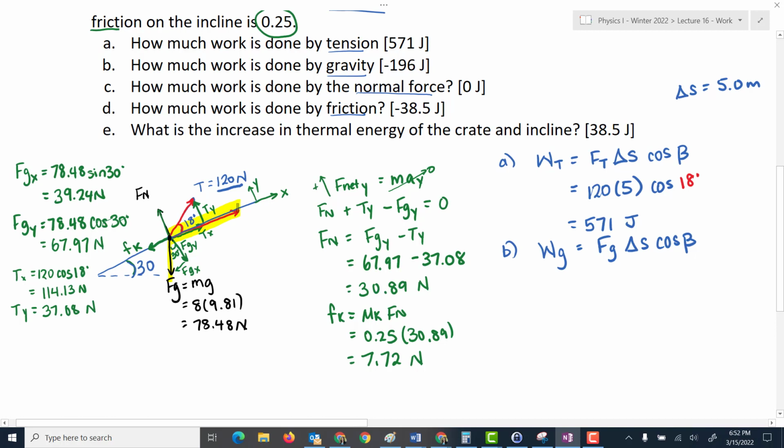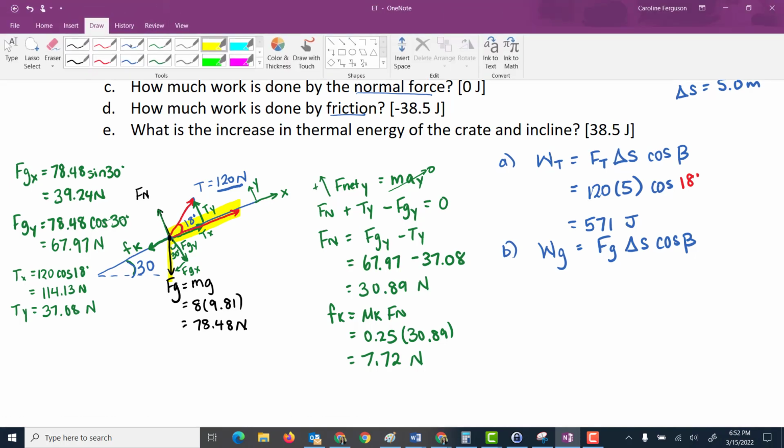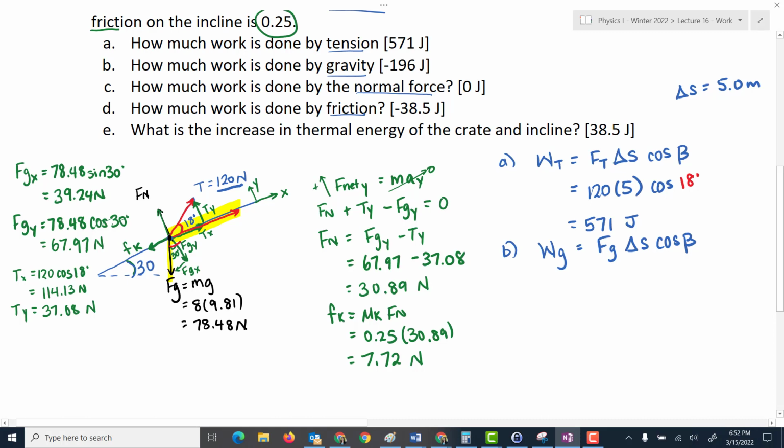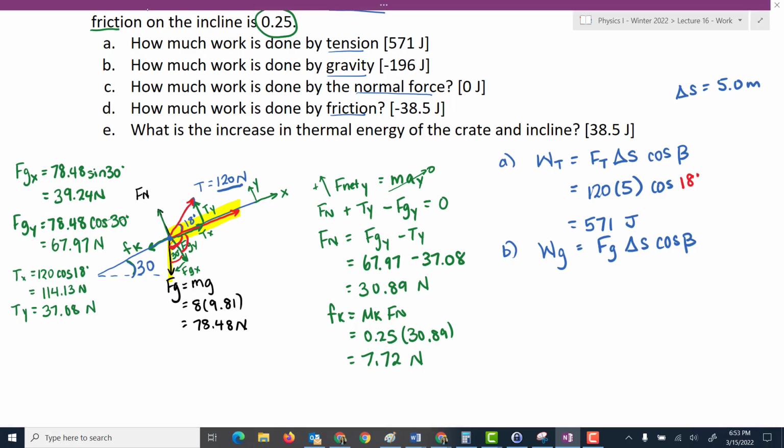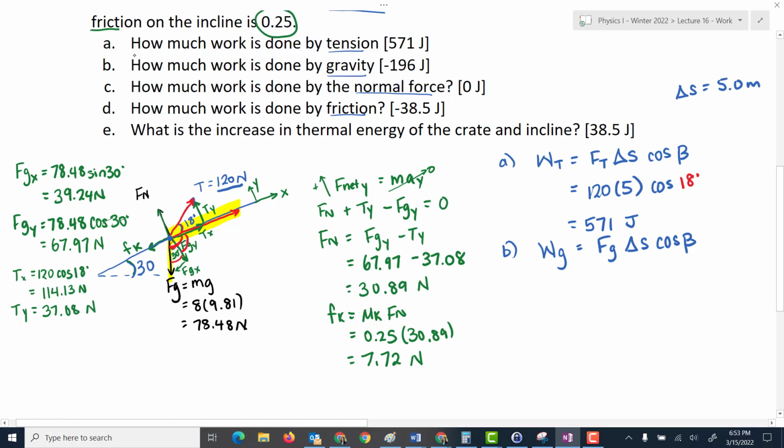What is the angle between those two vectors? It would be this full angle here. We've got this smaller angle here, which is 30, and then this other angle over here, which is 90. So 30 plus 90 is 120. So the beta in this case is 120 degrees.